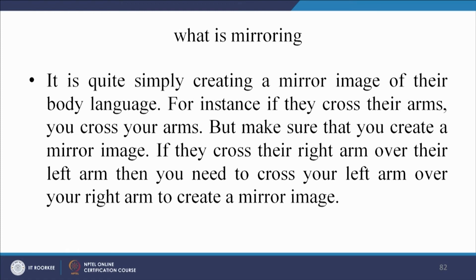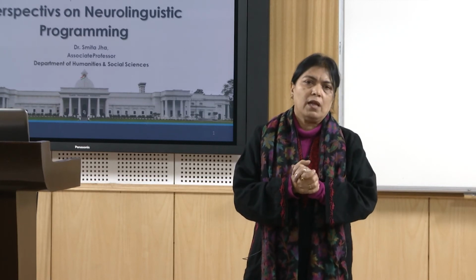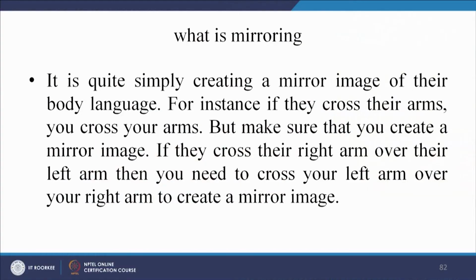Now coming to mirroring, because it is one part of rapport and a very important NLP technique. It is quite simply creating a mirror image of their body language with your body language. For instance, if they cross their arms, meaning your client or the other person, you cross your arms, but make sure that you create a mirror image.